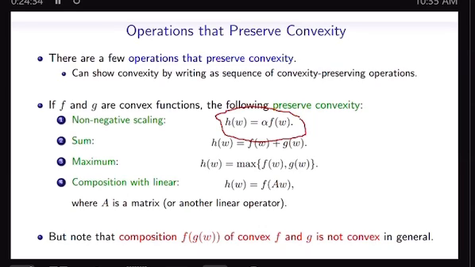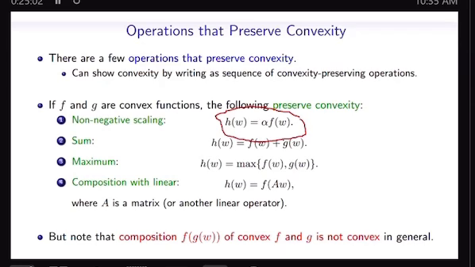Alpha is a non-negative value, which means I'm scaling it. Then I'm still going to preserve convexity: the new function h of w is also going to be convex. So if f of w is convex and I scale it with a non-negative value, I'm still going to have a convex function.